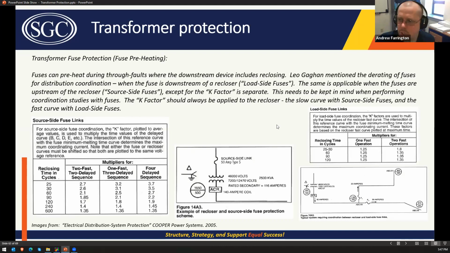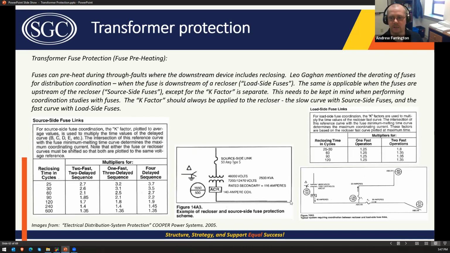So I know Leo covered the load side fuse links. He went over this, talking about how you had an upstream recloser and downstream fuses and accounting for that using the K factor. He did not cover the source side fuse link. So this is kind of the same principle. This would be more for your power transformer, the 5 MVA transformer that's feeding the distribution circuit.